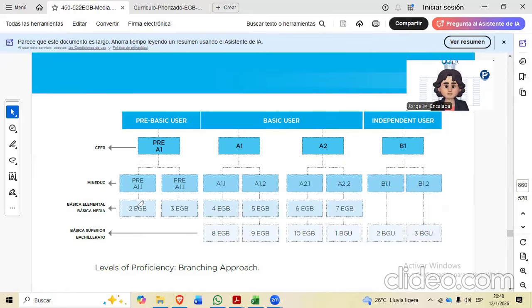Continuing with that, I mentioned second grade, and you may be wondering right now why I don't have a first grade in here. What happened with first grade? Why is it not here? The thing is that in Ecuador, English as a foreign language, or EFL, as I am going to refer to the subject from now on in this video, is mandatory when students get promoted to the second grade.